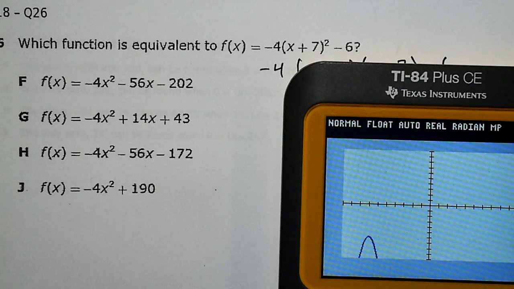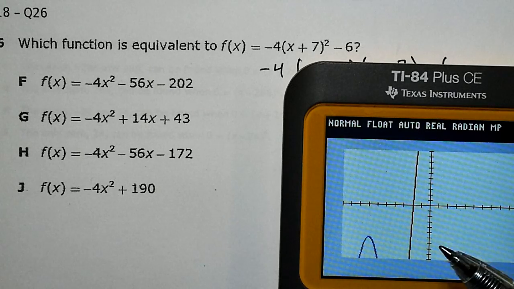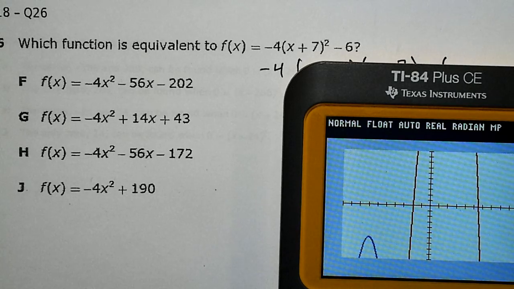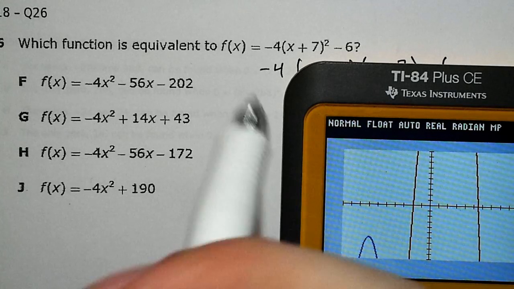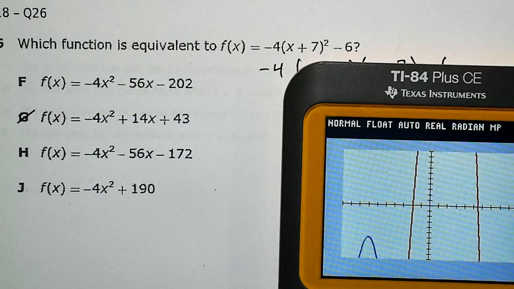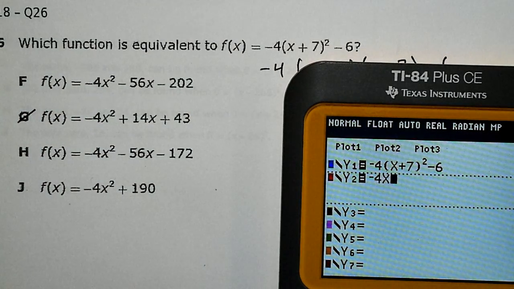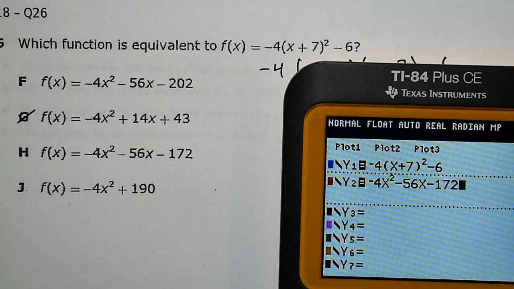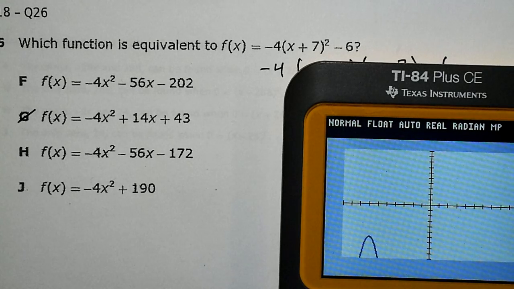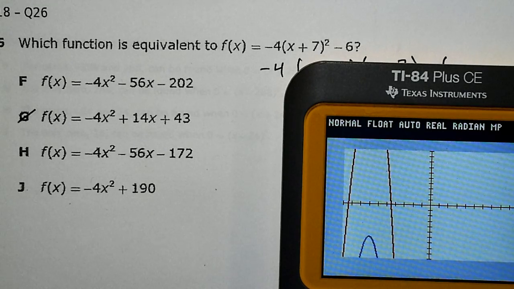I hit graph, and I see my red line is obviously not on my blue line, so it's not G. Go back to y equals, erase that second line, type in the next one. Hit graph. So there's a blue line and the red line. Obviously those are not the same, so it's not H.